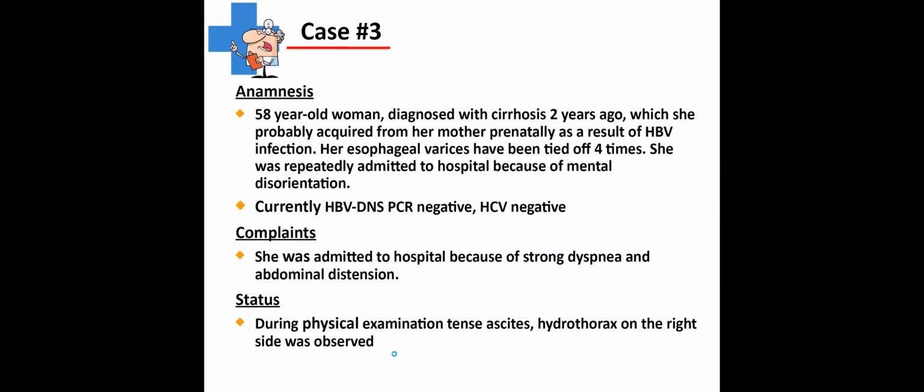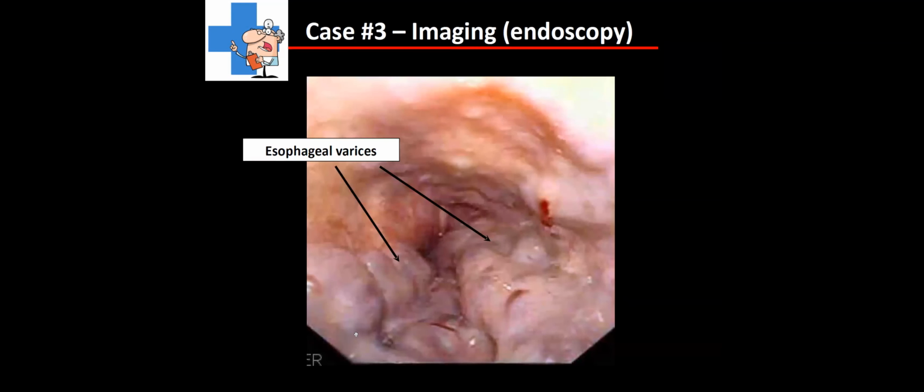She was admitted to the hospital because of strong dyspnea and abdominal distension. On physical examination, tense ascites and hydrothorax on the right side were observed. And as you see, these are the esophageal varices.